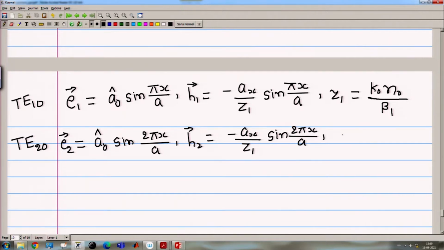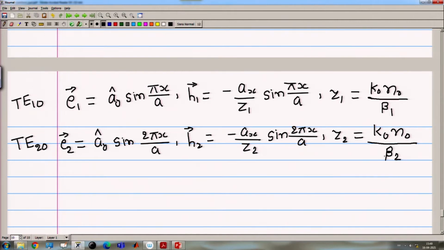Here Z2 is the wave impedance for the TE20 mode, k0 eta0 divided by beta 2.